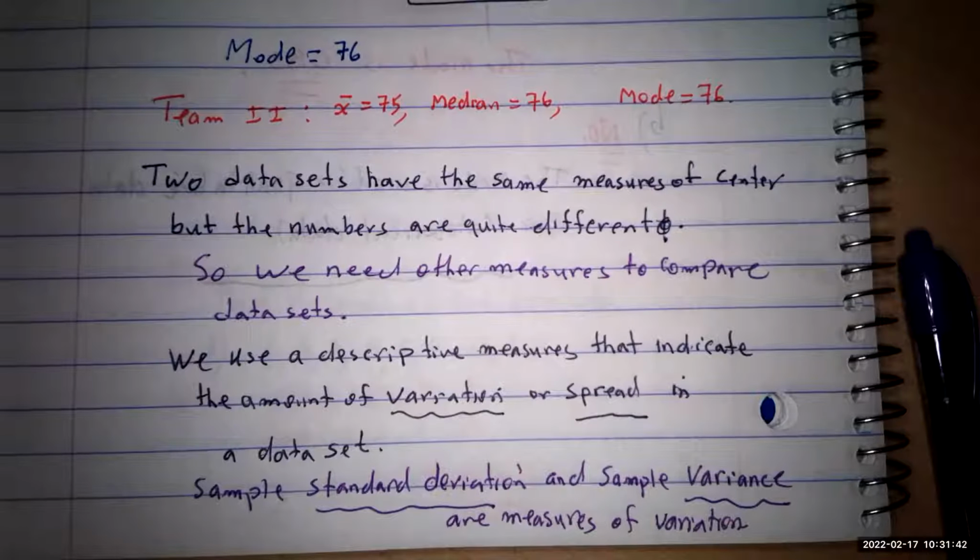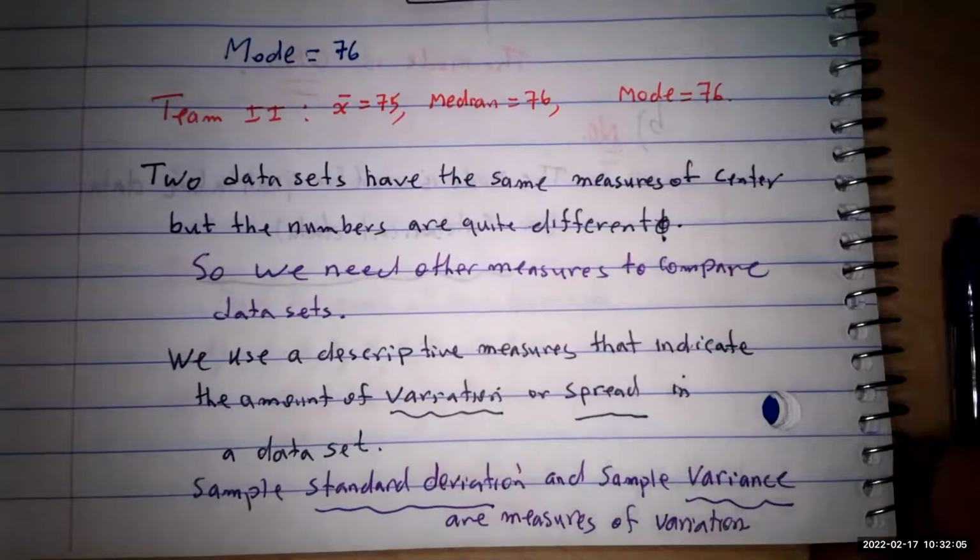This quantity, how far you are from the center, is your deviation from the center: the difference between your number and the mean. This is what we call the variation.